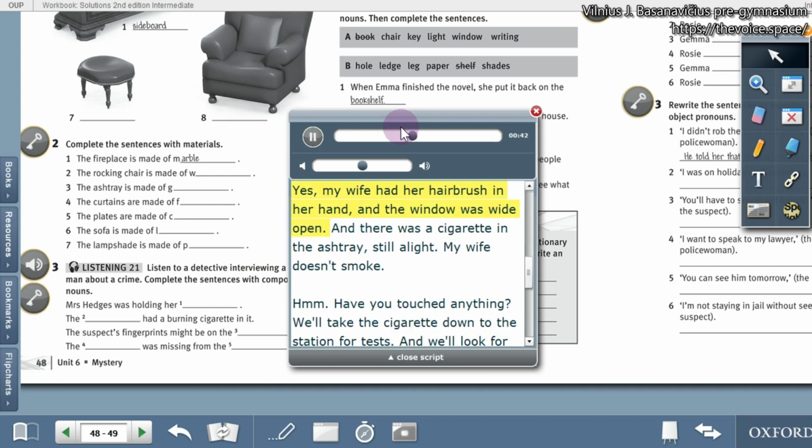My wife had her hairbrush in her hand, and the window was wide open. And there was a cigarette in the ashtray, still alight. My wife doesn't smoke. Have you touched anything? We'll take the cigarette down to the station for tests.